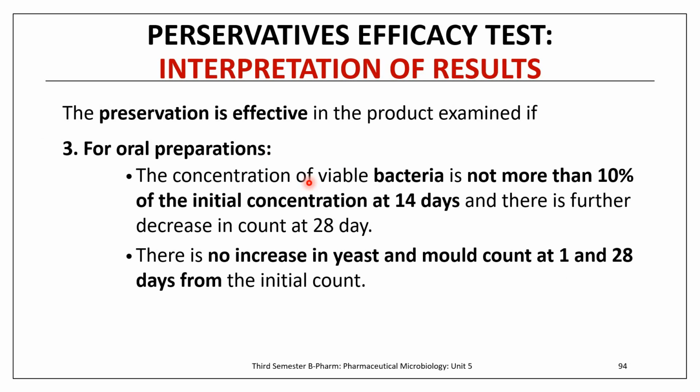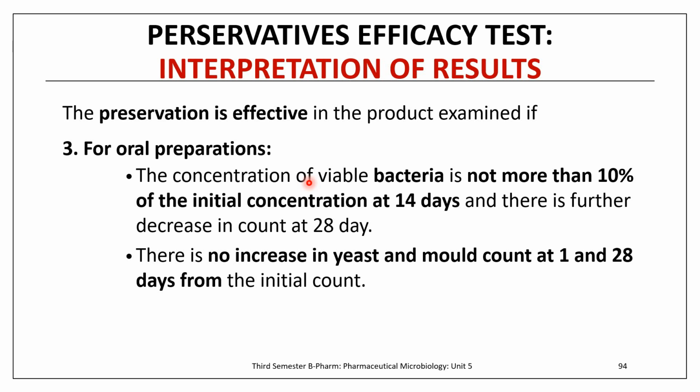Now finally for oral preparation, we know the property of oral preparation. Once we are administering any kind of dosage orally, it has to cross different barriers of the gastrointestinal tract. First we have a highly acidic stomach, then we have the small intestine.